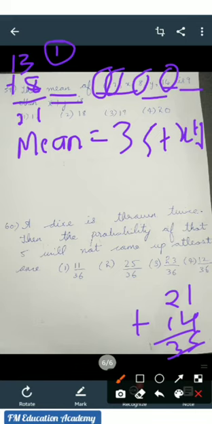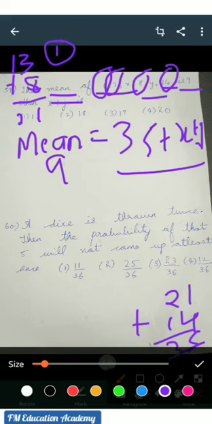The mean is 9, and it is asking us the value of x plus y. How many observations are there? 1, 2, 3, 4, 5, 6. So 6.